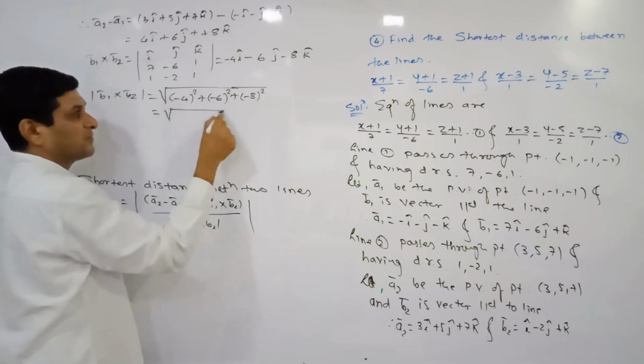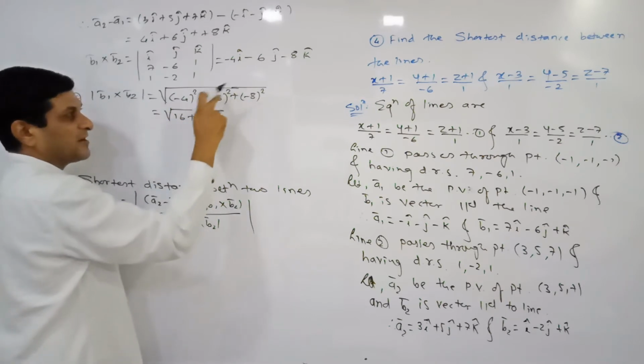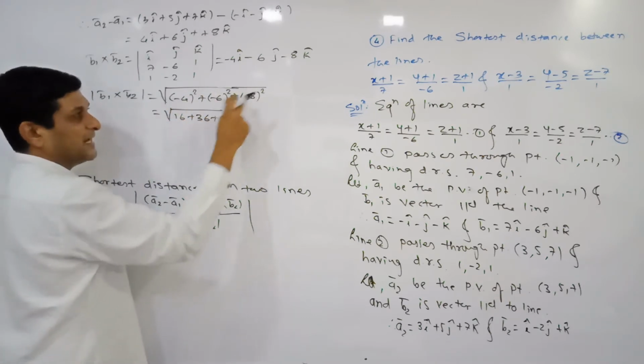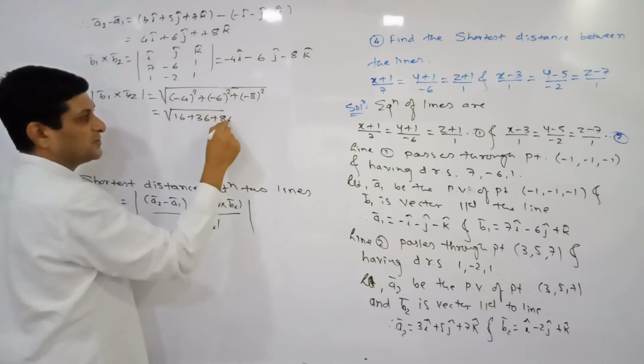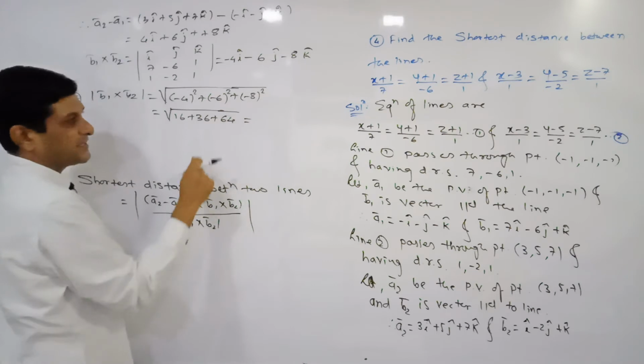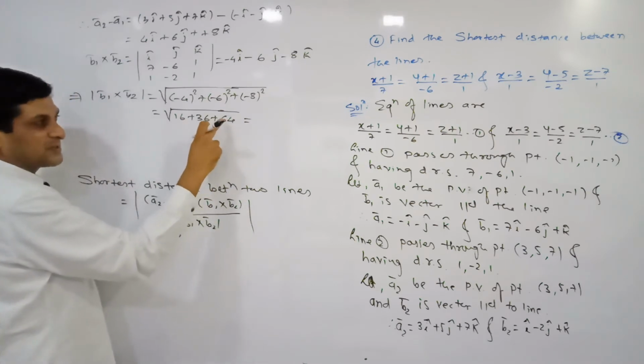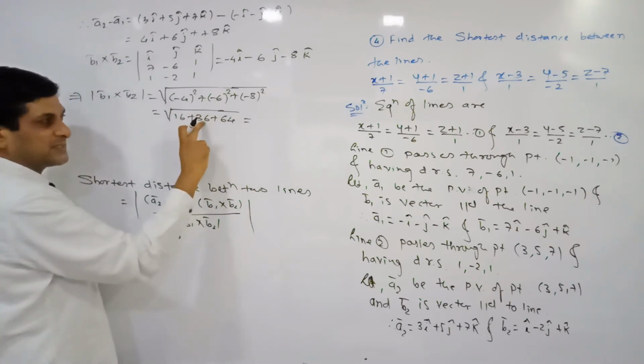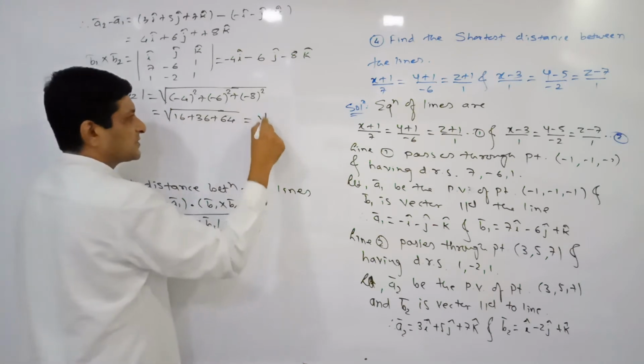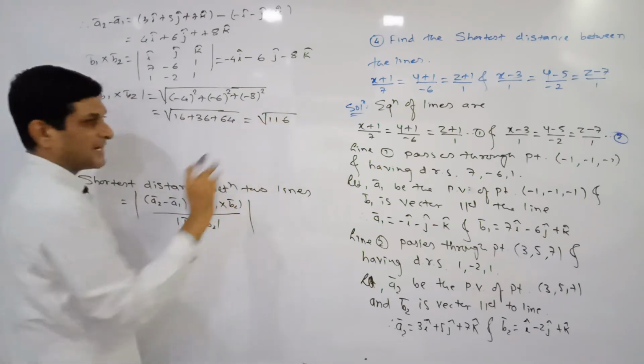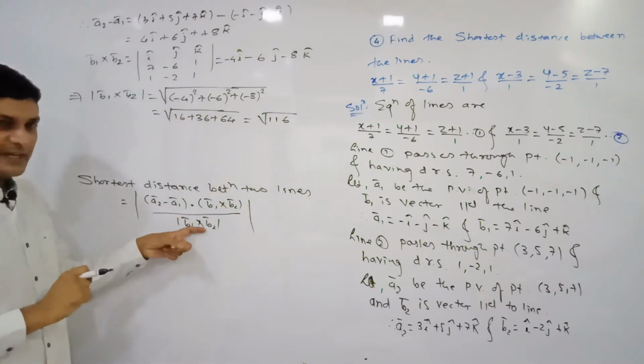Square of minus 4 will be equal to 16, square of minus 6 is 36, and square of minus 8 will be equal to 64. Check what is the addition. 64 plus 36 is 100, plus 16 is 116. So the value of the denominator is known to us.